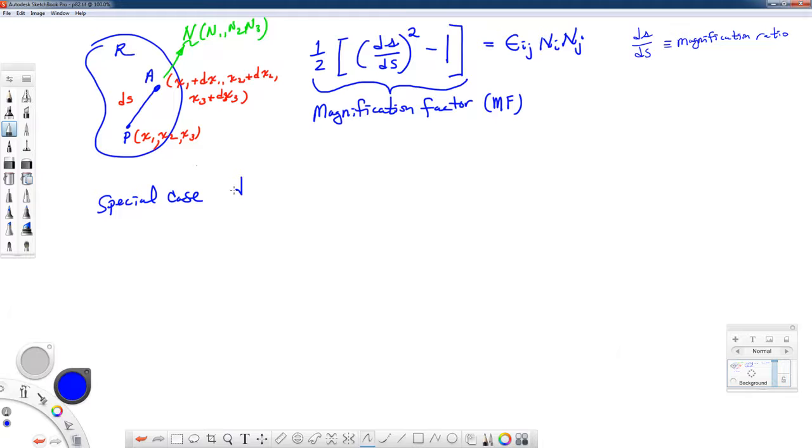And so d script s would be equal to d regular s. Maybe the object's been rotated in space, but the line segment has not changed length. This would be a rigid deformation. So in this case, the magnification ratio would be equal to 1. And if the magnification ratio is equal to 1, then the magnification factor would be equal to 0.